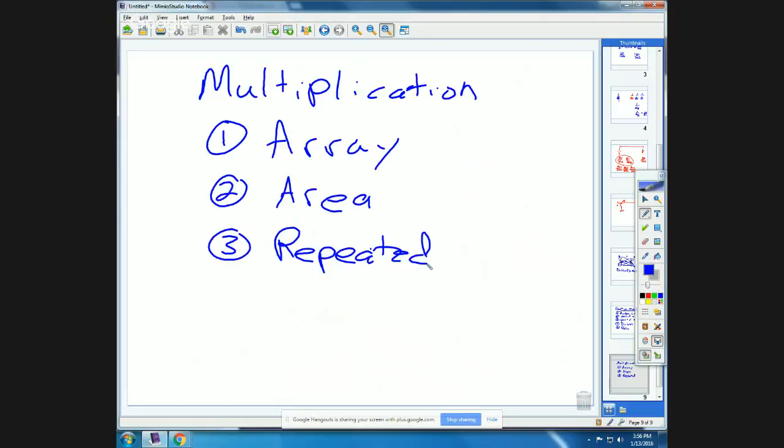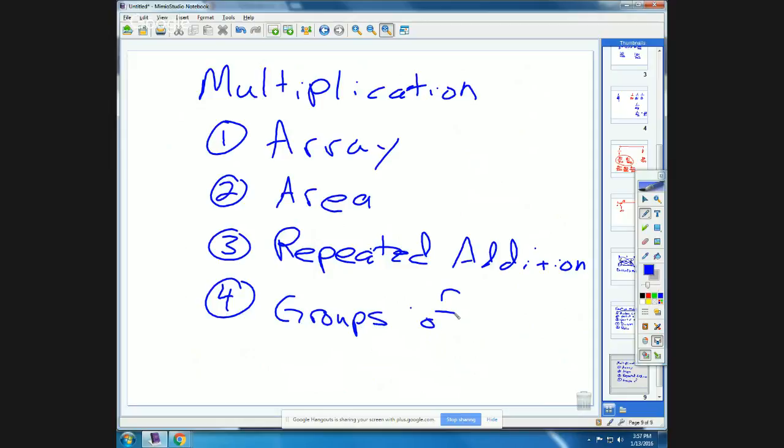Repeated addition. And although the area one is my favorite, there is one we haven't listed yet that actually is the most popular. Groups of, yes. And there was a fifth one we did. I don't really care about that one.